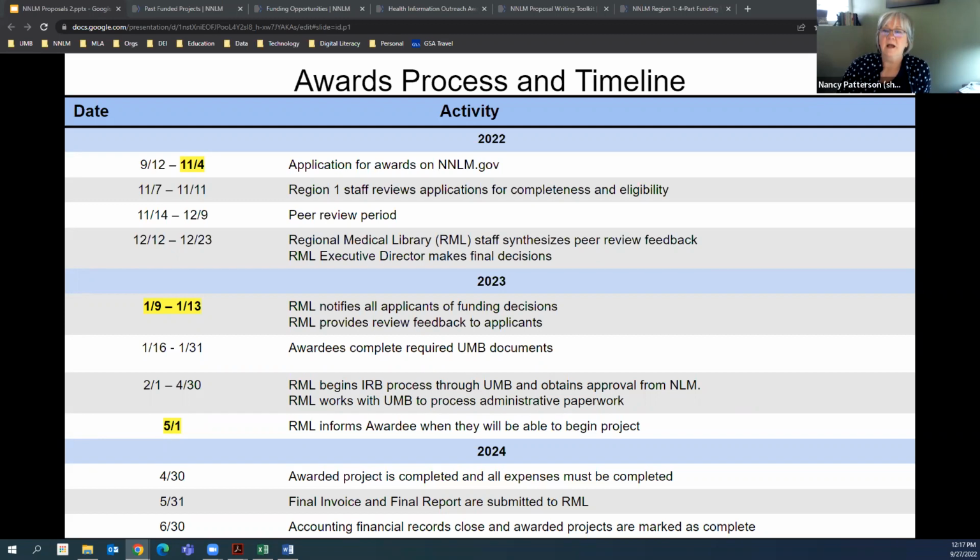And for those of you with an academic institution, just keep in mind that in February, you may encounter having to get some IRB clearance from your own institution if you're awarded. So May 1st is the other critical date we wanted to point out, and that is the beginning of the project. So all roads should lead to a nice launch May 1st. So keep those dates in mind, and there's more there for you if you're interested. Next, please.